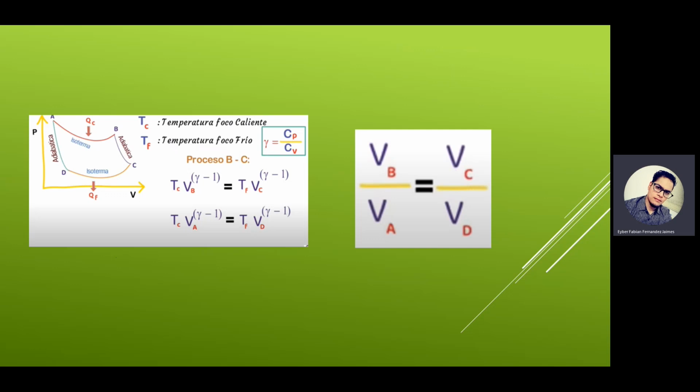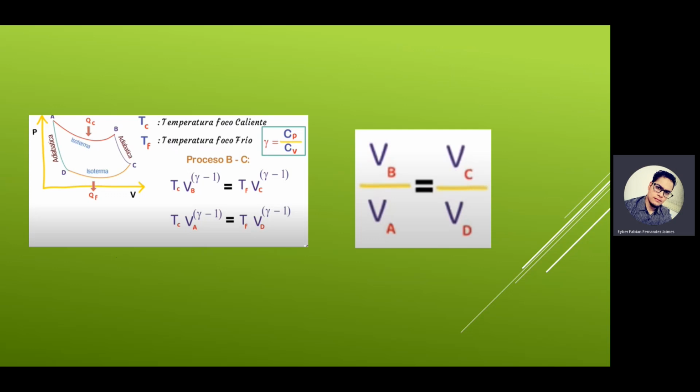Isothermal expansion A to B: the gas absorbs an amount of heat QC while maintaining the temperature of the hot source T1. Adiabatic expansion B to C: the gas is cooled down to the cold source temperature T2.